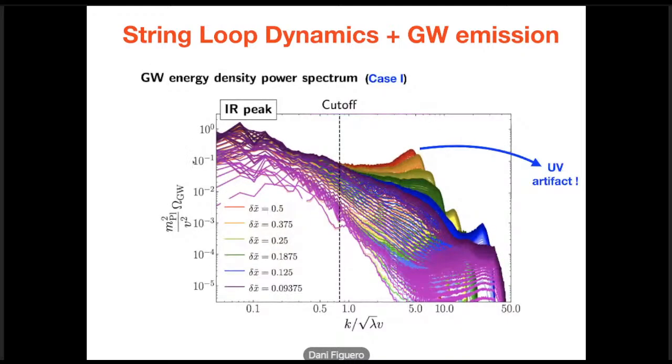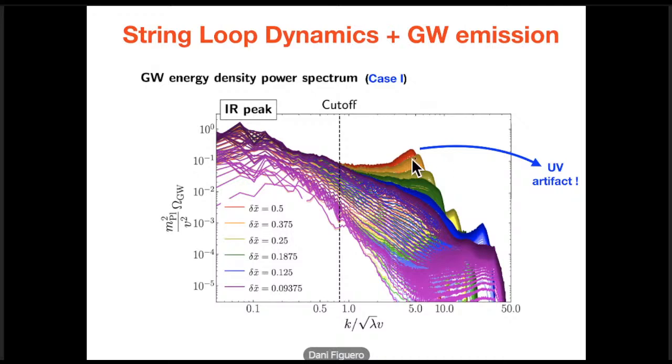Okay. But during the short time they live, we can now extract the prediction of what is really the energy density spectrum of gravitational waves. What is the spectrum of gravitational waves emitted? And the first result we have, this is for case 1, where we use the semi-analytical approach for the loop, is that in order to measure, this is the spectrum of gravitational waves versus appropriate momentum, in order to capture well this spectrum in the UV, so around the scale of the width of the loop, you need to resolve very well the cross-section of the loop.